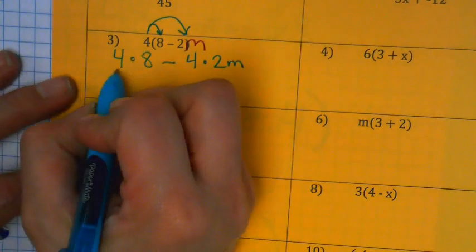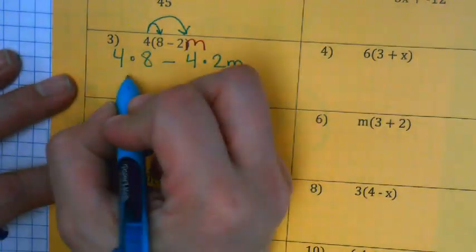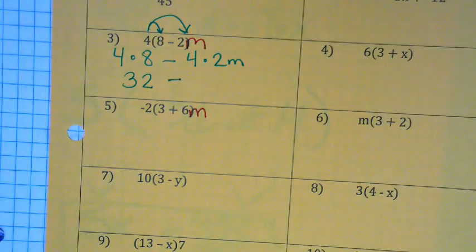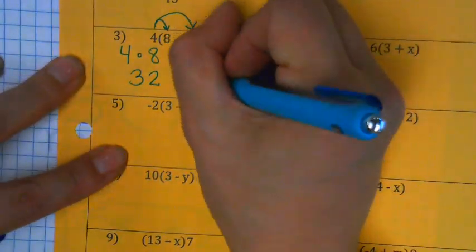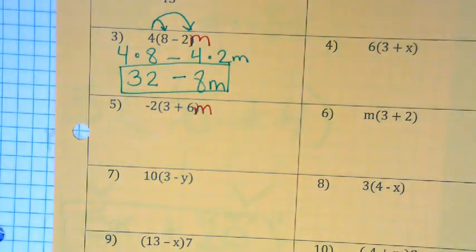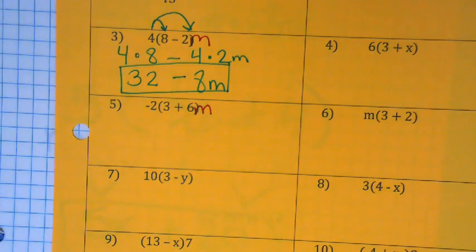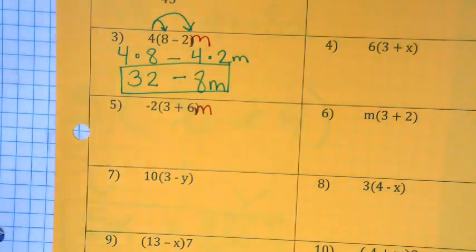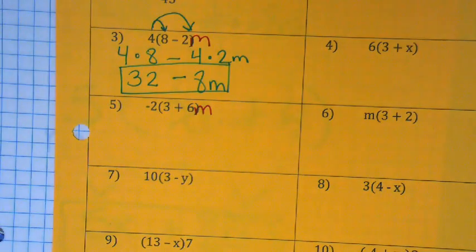So what's 4 times 8? 32. Minus what's 4 times 2M? 8M. And we're done. Can I put the 32 and the 8M together? Nope, because the 32 does not have an M on it. Number 1 mistake is that kids forget to give the 4 to the 2M. That's the number 1 mistake. Okay? All right.